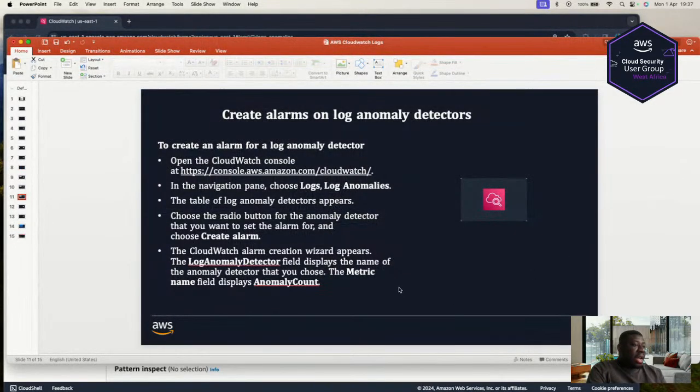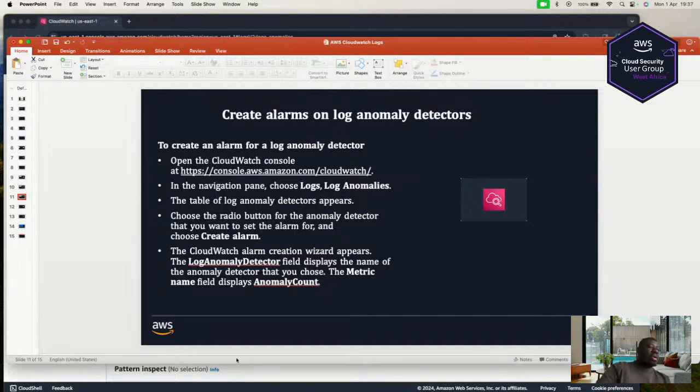And you can see here it says the CloudWatch alarm creation wizard appears, and then the log anomaly detector field displays the name of the anomaly detector that you choose. The metric name field displays the anomaly count. So that is all that happens when you try to create an alarm for an anomaly. So that is that. Let's move on.